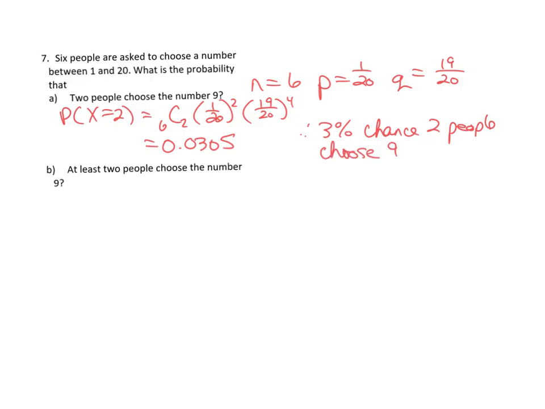Now, at least 2 people choose the number 9. So now we have to see what is the probability that x is greater than or equal to 2, which is a lot of numbers for 6 people.